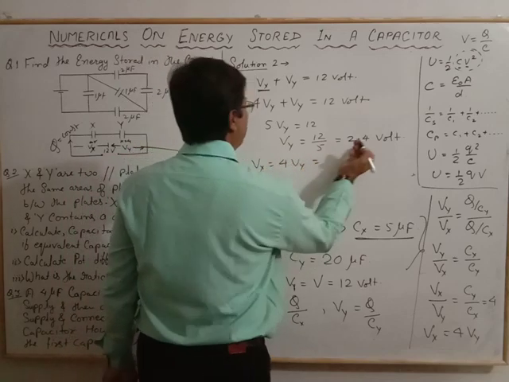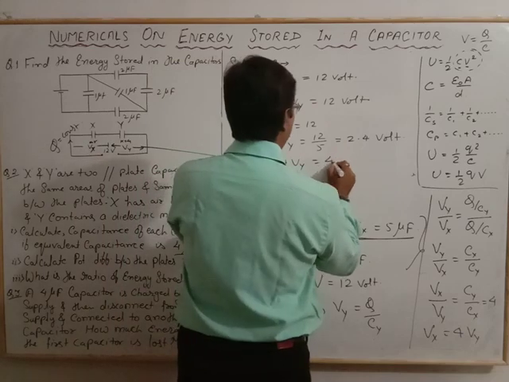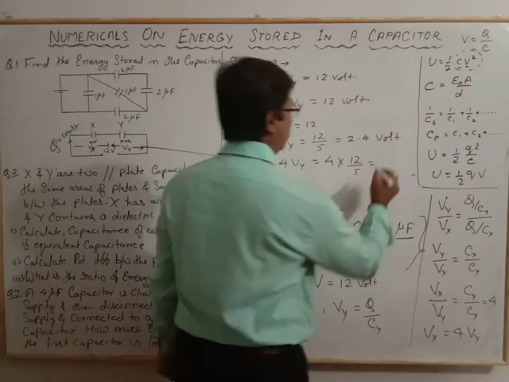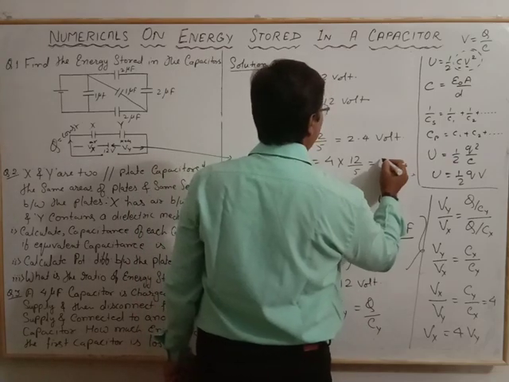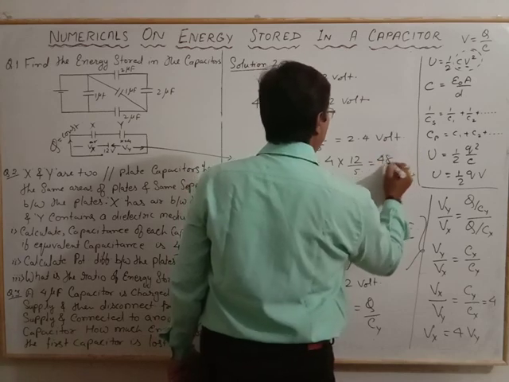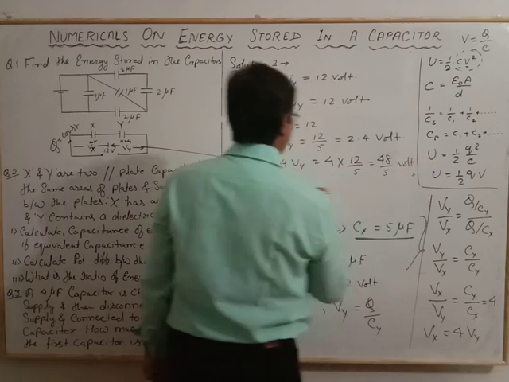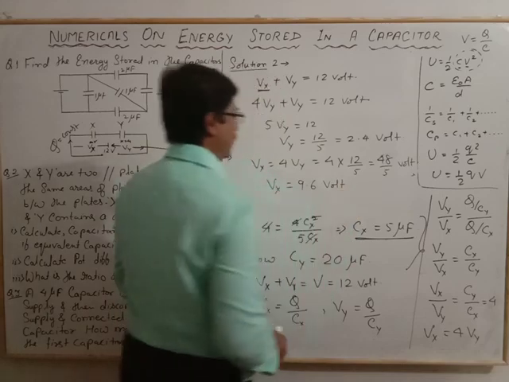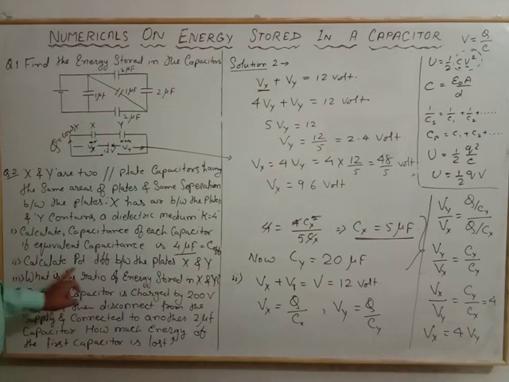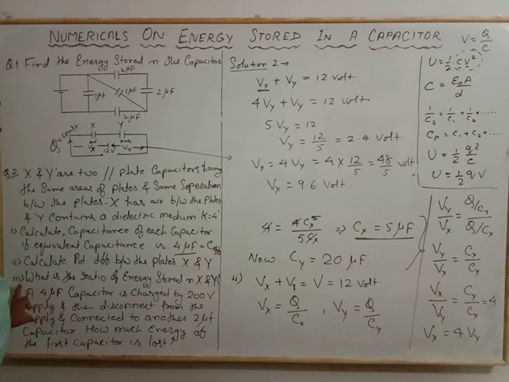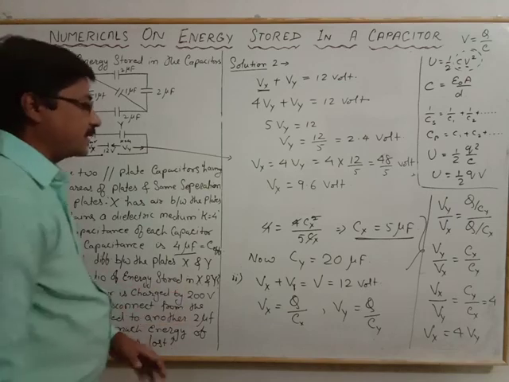That means it becomes 4 into 12 by 5, or 48 by 5 volt, and that is equal to Vx is equal to 9.6 volt. So potentials we have also calculated for X and for Y. Now the third question to be found out is: what is the ratio of energy stored in X and Y?